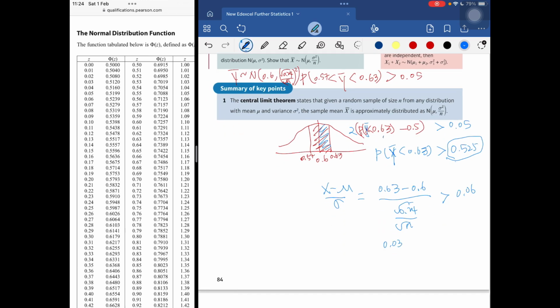So 0.03 is larger than 0.06 times square root of 0.24 over square root of n. Oh, but this is too small a number. So 0.96. Because n is the sample size, a value larger than 1 doesn't make sense.